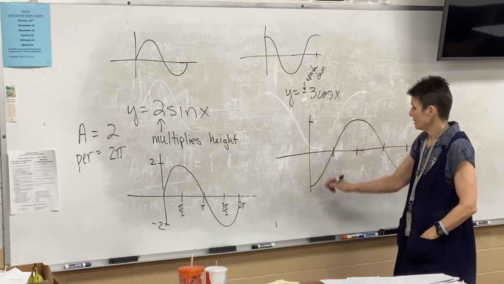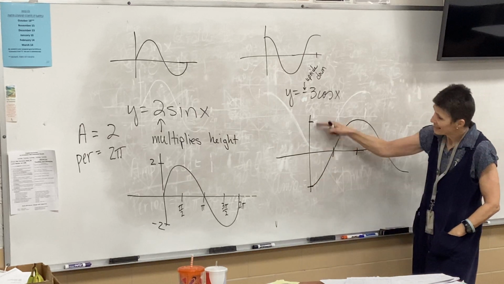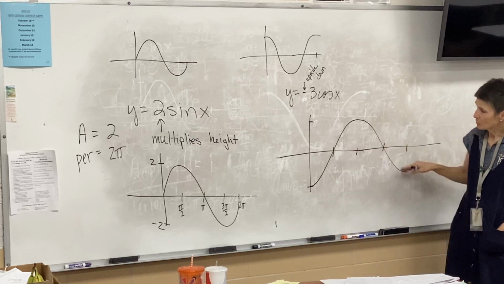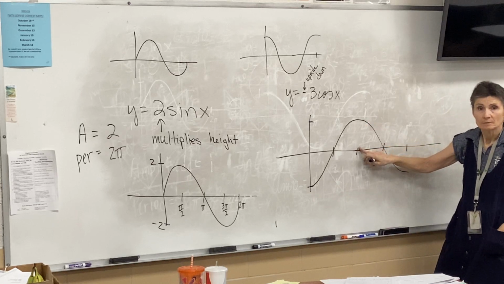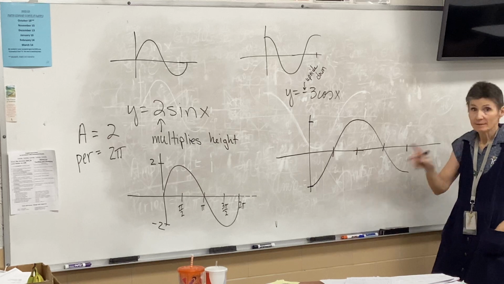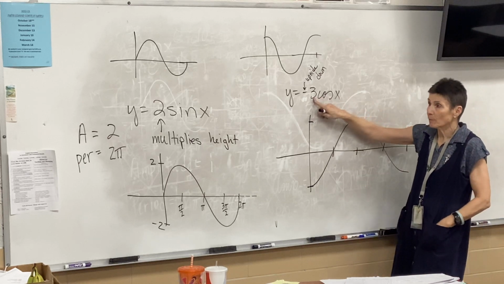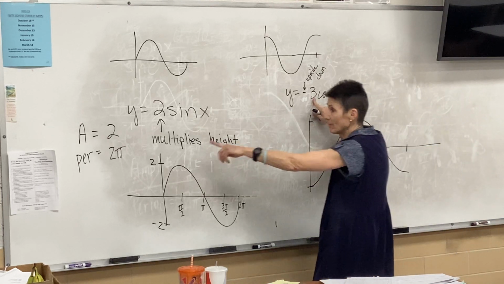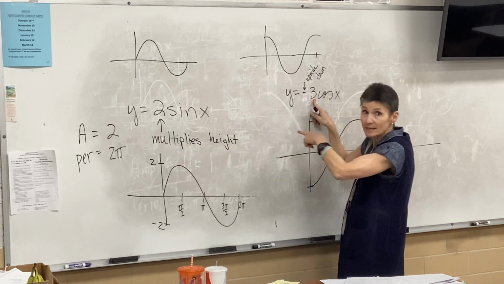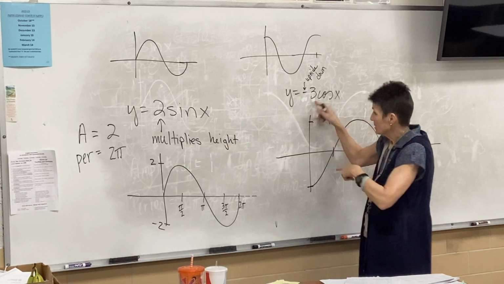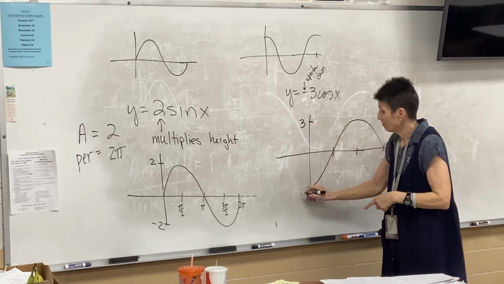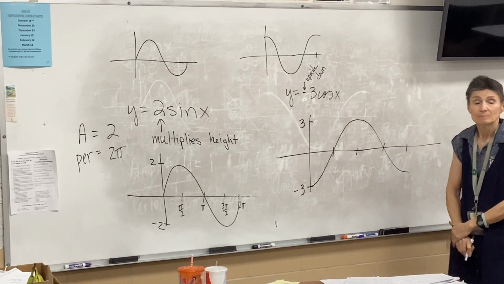Now normally, the height of the cosine is going to go up 1 and down 1. Not this time. What does this number out in front do? The number out in front multiplies the height. So now these things are going up 3 and down -3.